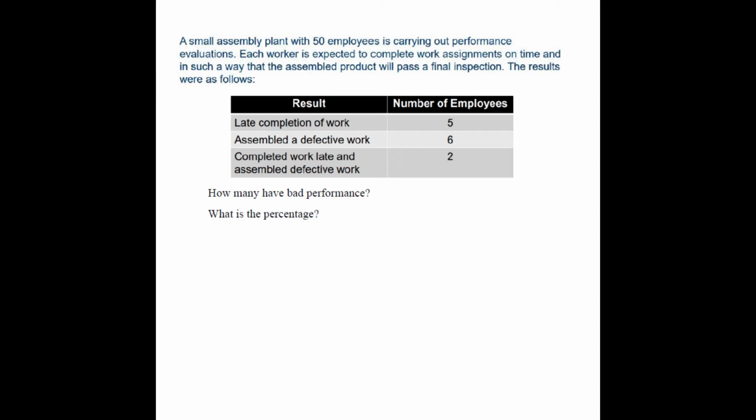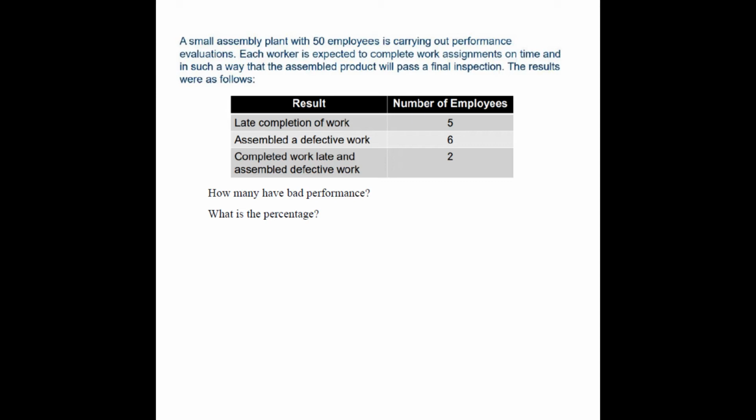Late completion of work, 5. So 5 out of 50 are late. Assembled defective work, 6. So 6 out of 50 find products are not good. Completed work late and assembled defective work, 2. So we have 4 numbers.